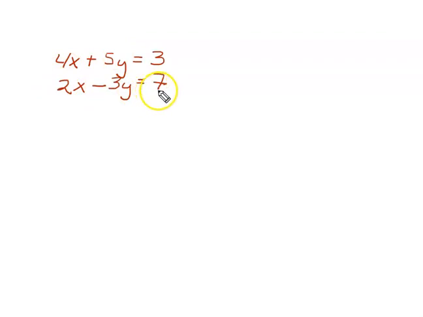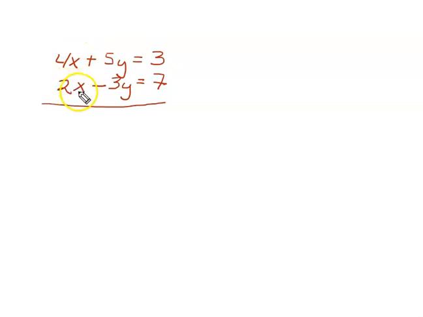Now here's where you take a moment to inspect and brainstorm a little bit. You want one of the letters, if you were to add these up, to cancel out through the process of addition. This is sometimes referred to as the process of elimination, where you're eliminating one of your variables.